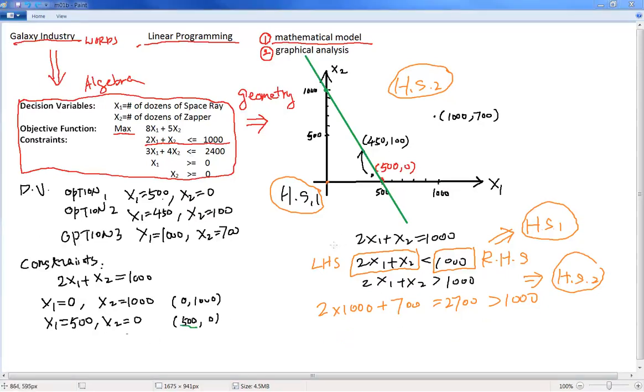I also want to quickly point out something. If you are thinking that this first inequality corresponds to half space 1 because half space 1 is underneath the line, in other words, that less than always corresponds to the half space beneath the line, then that would be incorrect, because for this inequality I can multiply both sides by -1, and it becomes greater than -1,000.